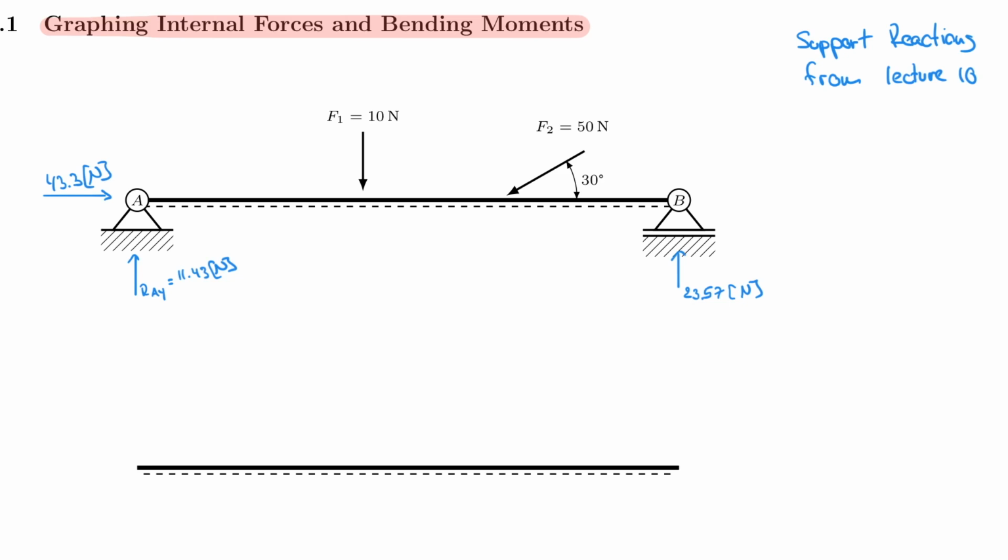Let's remember that the beam had dimensions of, I believe, 4 meters on the left side. Then we had 1 meter in between the two forces. And we had 2 meters at the end here. Those are the dimensions for which we calculated the support reactions at this location, this location, this location, and this location.